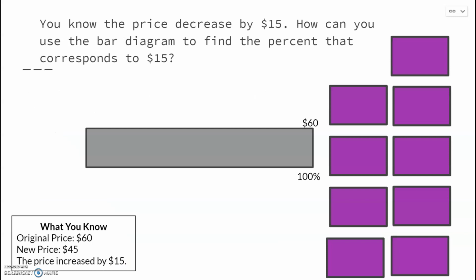All right, so you know the price decreases by $15. How can you use the bar diagram to find the percent that corresponds to 15? Well, I can do a couple things.